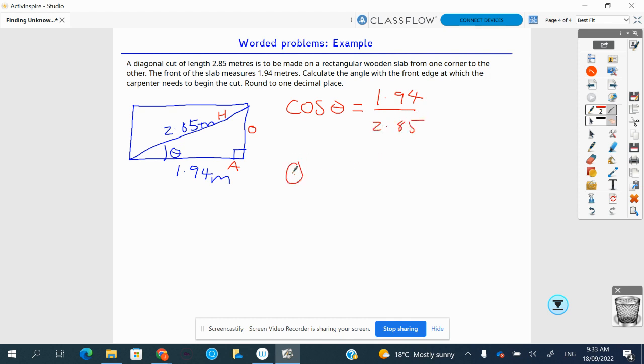Rearranging this formula, we have theta equals the inverse cos of 1.94 over 2.85. Typing this into the calculator, we get 47.1 degrees because we want it to one decimal point.